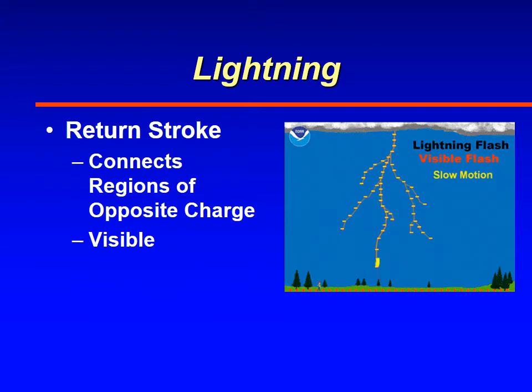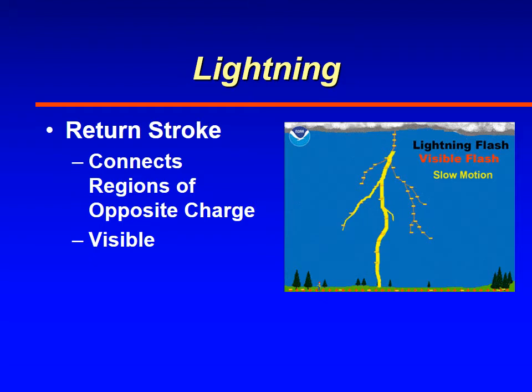But then, as the negative charge approaches the ground, a positive charge starts to rise up from the ground in any pointed object. So taller objects tend to get this positive charge to reach up and meet the step leader coming down. When that happens, the circuit is closed, and that means that electrons can start flowing.